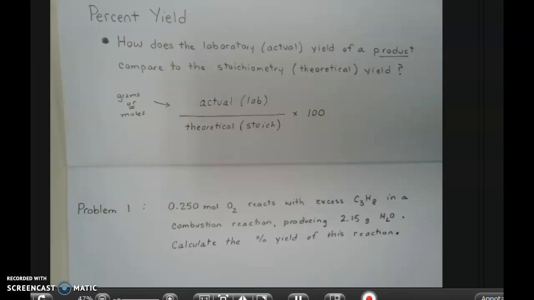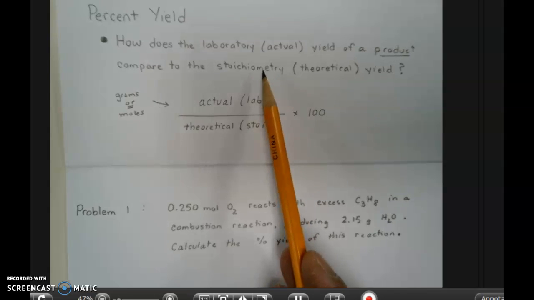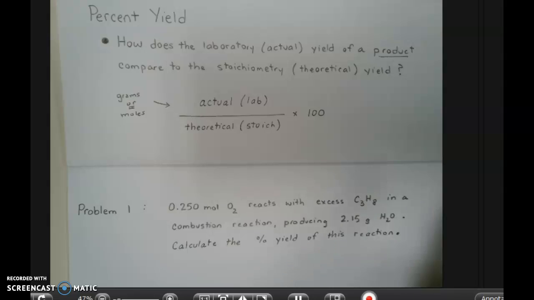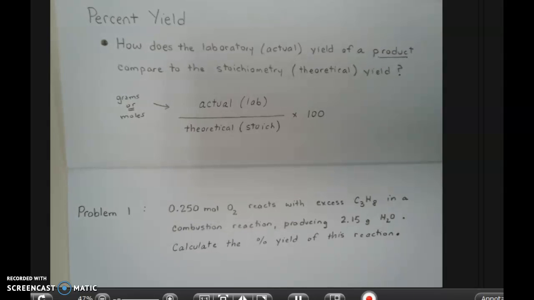So percent yield is a measure of how much product you received in the lab as compared to how much you should have received based on the stoichiometry. Remember, stoichiometry is a theoretical amount. So stoichiometry is that recipe amount. Oftentimes in the lab, we don't get the recipe amount.